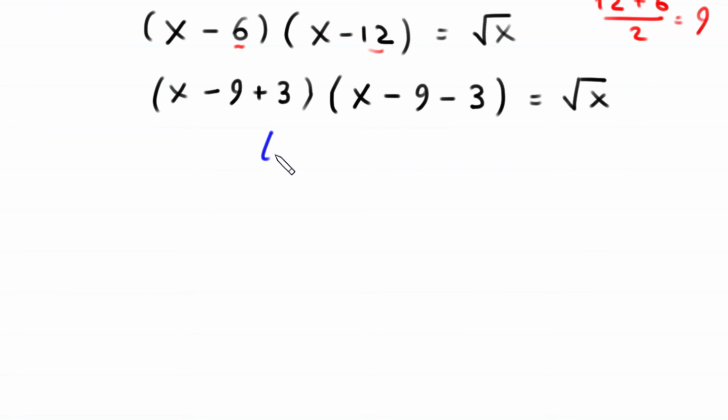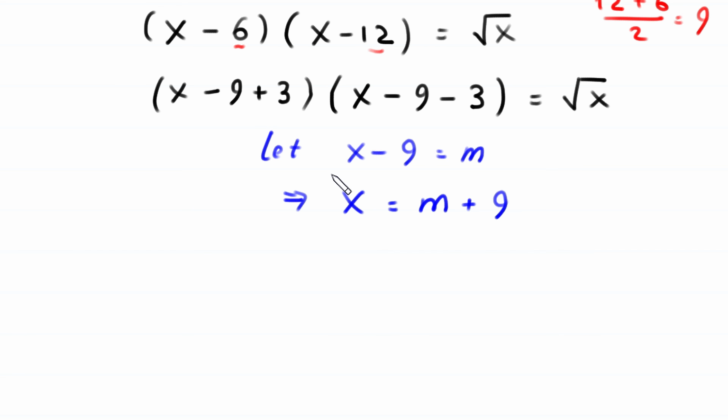Now we suppose that x minus 9 equal to m. Move negative 9 to the right hand side. This implies that x is equal to m plus 9.